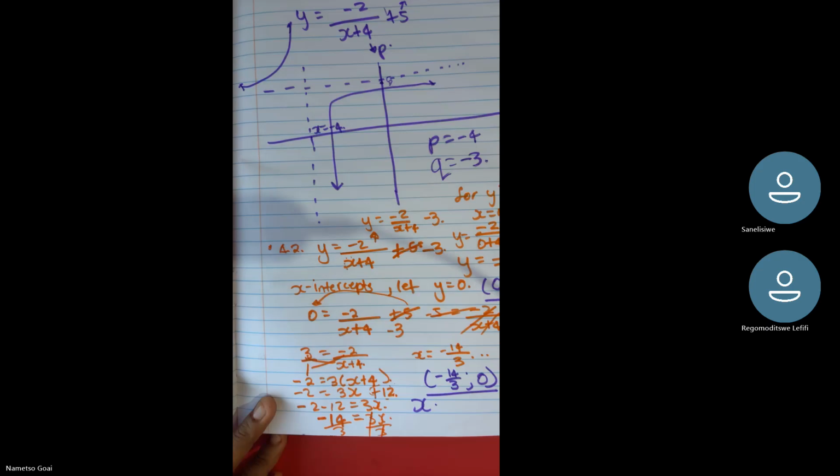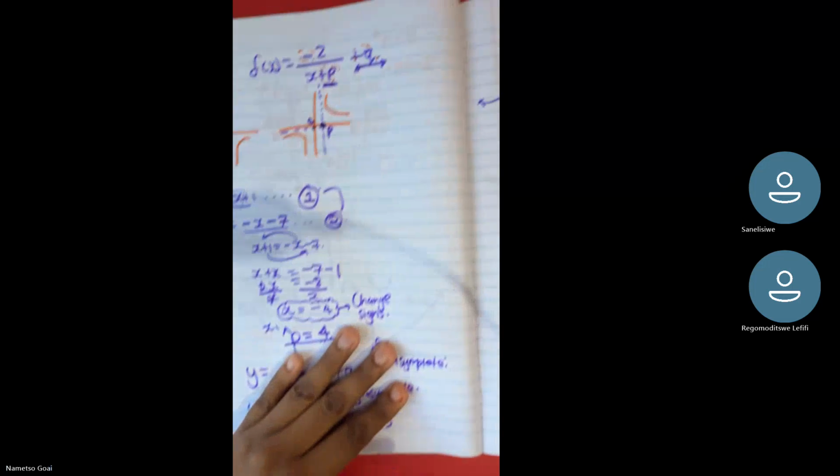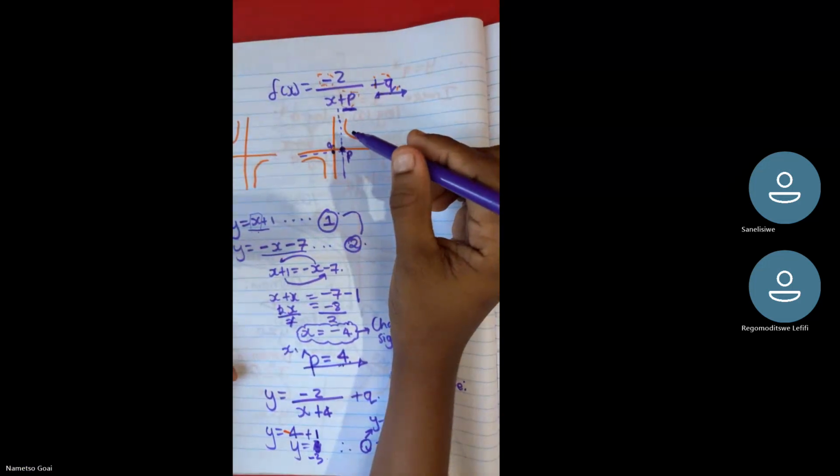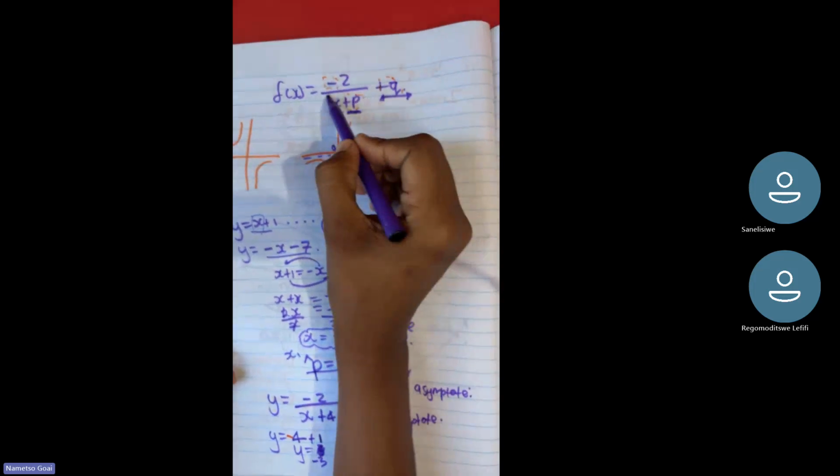Sorry, you were saying our p is positive 4. Can you guys hear me? Yes. Okay. p is a positive 4 when you put it over here.